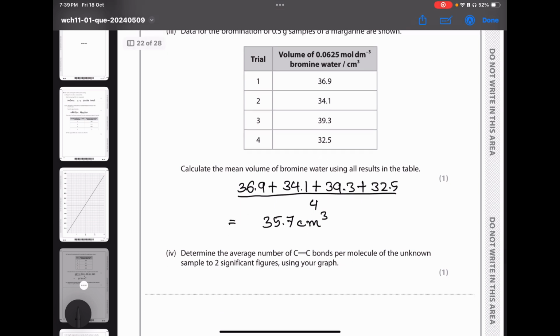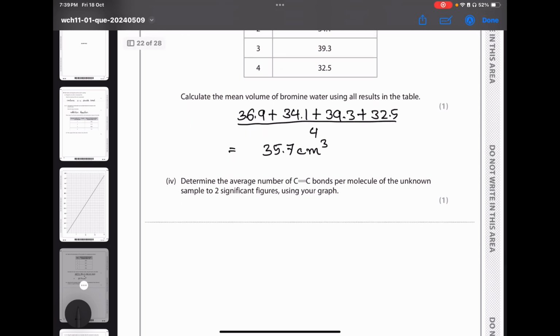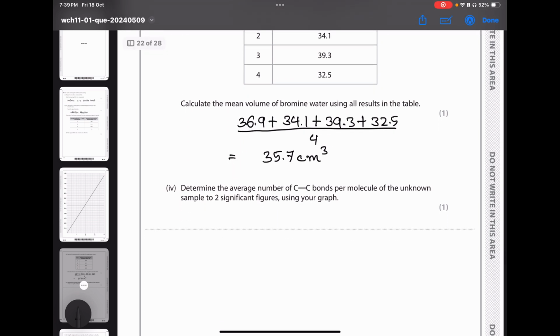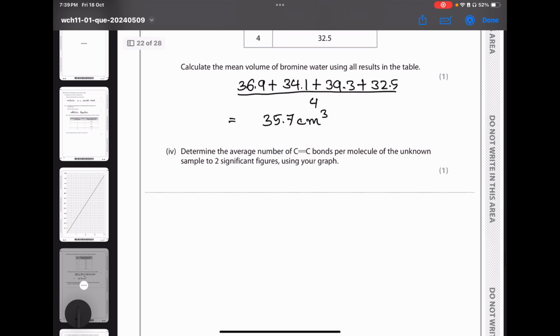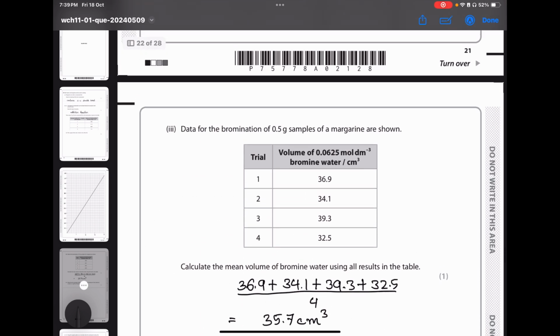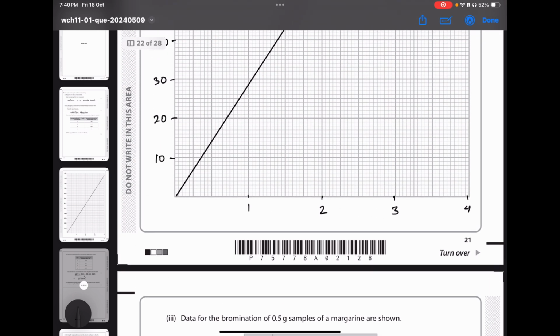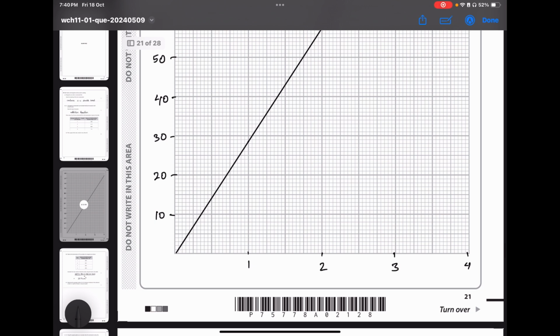Okay. Determine the average number of carbon-carbon double bonds per molecule of the unknown sample to two significant figures using a graph. Okay, so the value is 35.7. So if we go to 35.7, the answer is going to be somewhere over here, right?